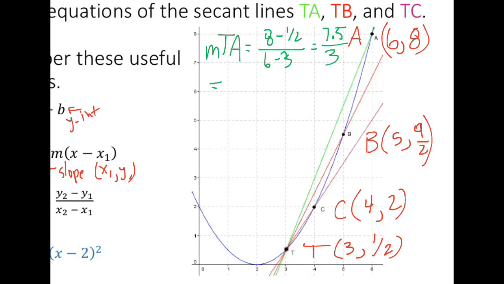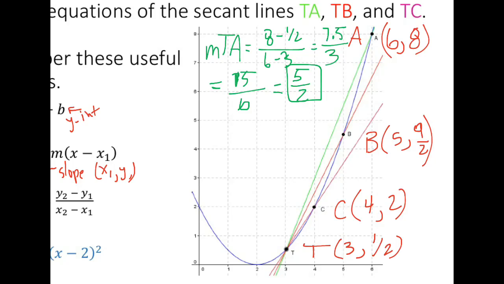So I am going to simplify this first by multiplying by 2 to get 15 over, multiplying by 2 in the denominator as well, 15 over 6. Now I can divide both of those by 3. 15 divided by 3 is 5, 6 divided by 3 is 2. So that slope is 5/2.